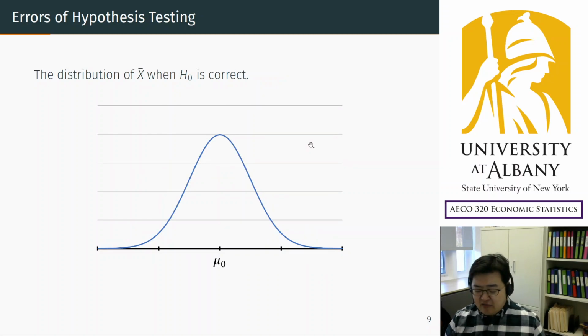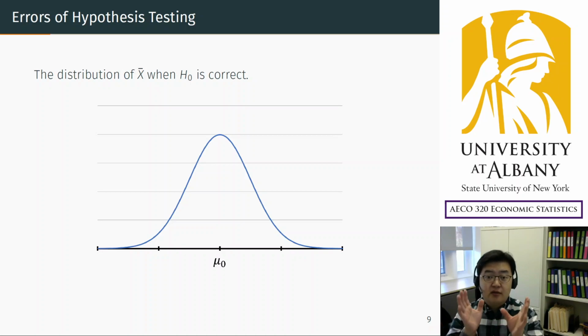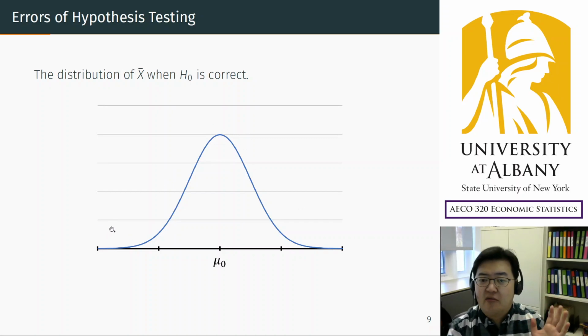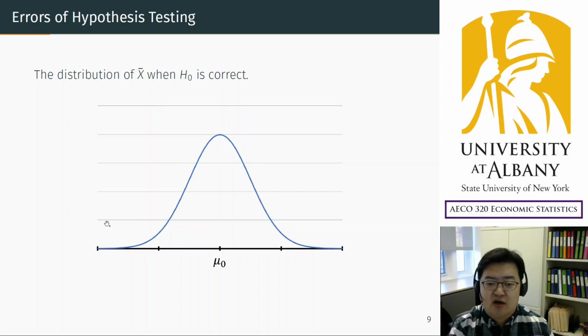The rejection region and the critical values are calculated based on this distribution. We assume normal distribution using the central limit theorem. That's not a problem. The problem is that we assumed the null hypothesis is true. Because we assumed my hypothesis is true, the normal distribution is centered around here.